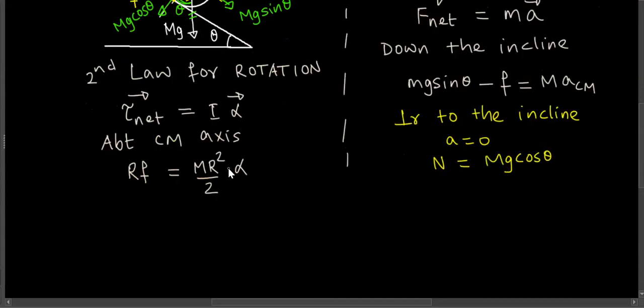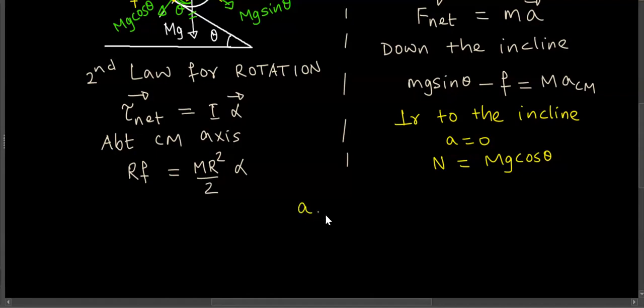We saw that, right? What does that say again? Acceleration of center of mass is equal to R alpha. Very good. So that's the connecting equation, right?